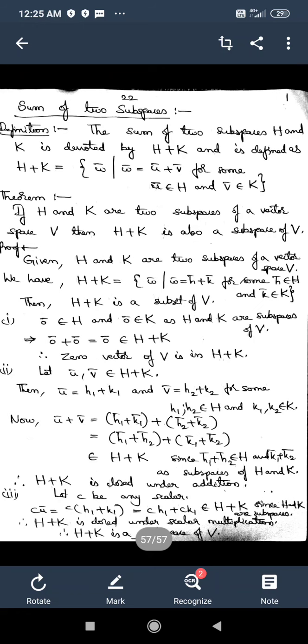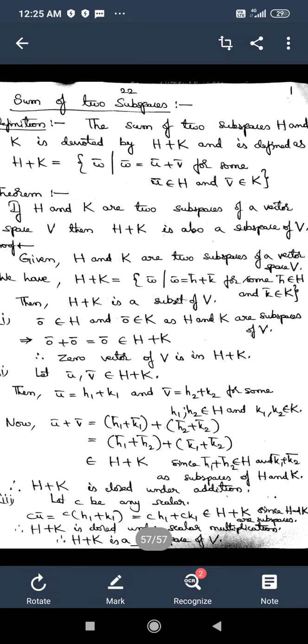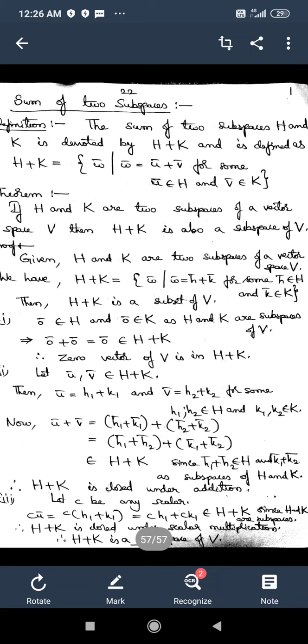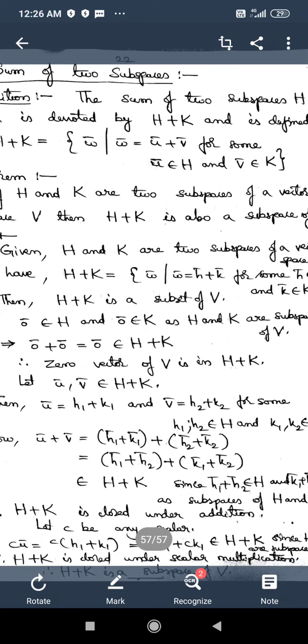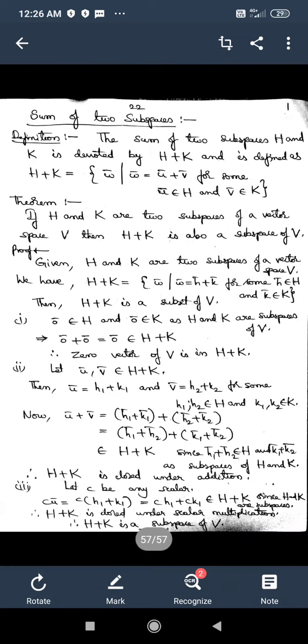where W bar is the sum of two vectors U bar and V bar, for some U bar belongs to H and V bar belongs to K. That means W bar is the sum of two vectors from H and K, so that the first vector is from H and the other vector is from K. There is a theorem on the sum of two subspaces.